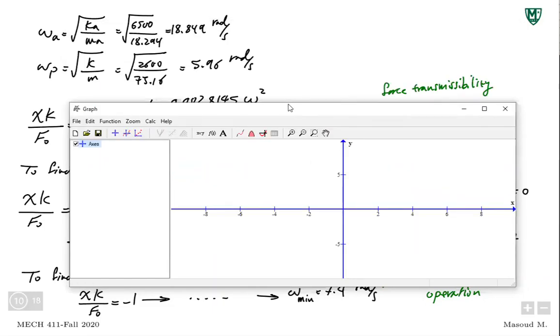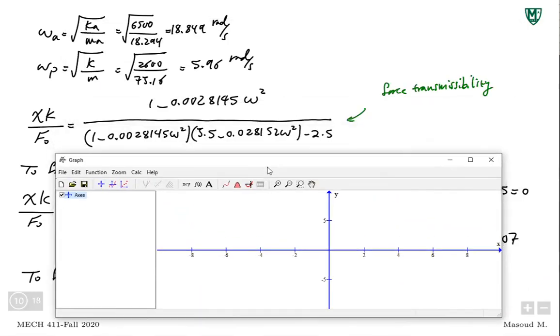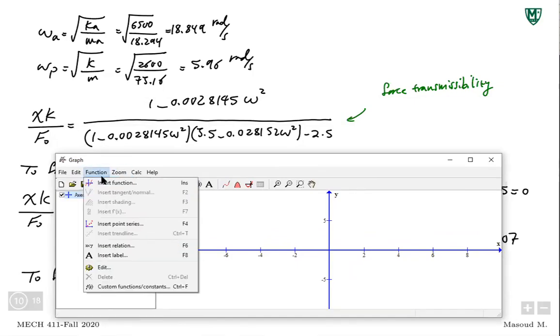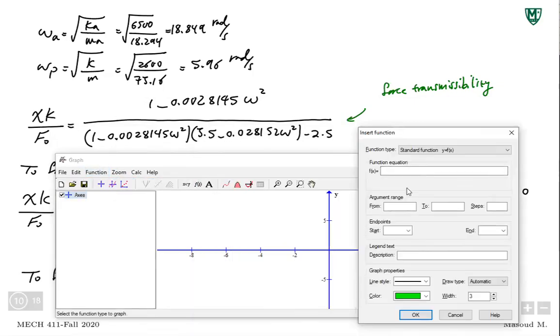What is the force transmissibility? I'm going to plot the force transmissibility function, if I don't make any mistake, hopefully, plugging in the values. This goes from 0 to 40, maybe. Let's give 1,000.